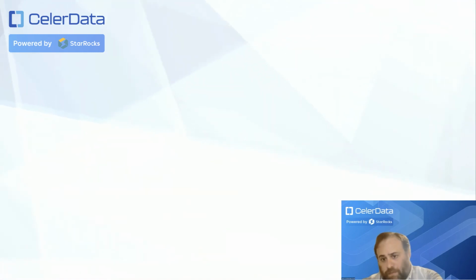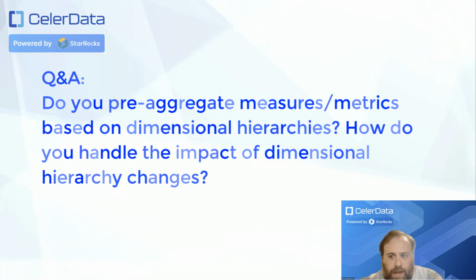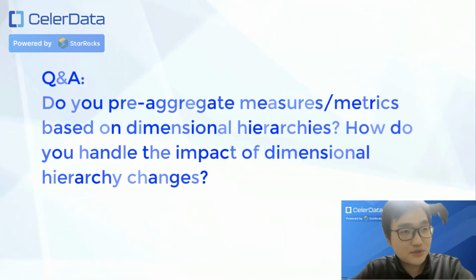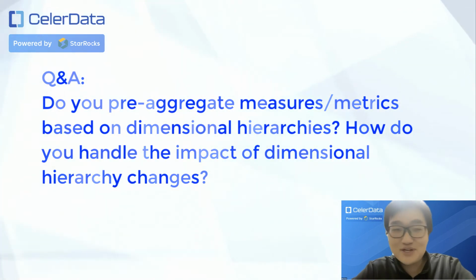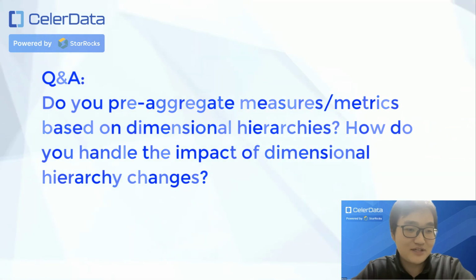Awesome. And here's another interesting question, Sida. Do you pre-aggregate measures and metrics based on dimensional hierarchies? And how do you handle the impact of dimensional hierarchy changes? Interesting question. In StarRocks we have a table type that is pre-aggregated.